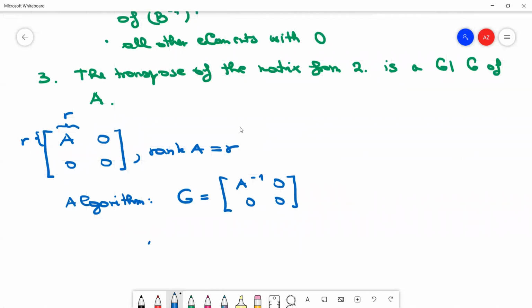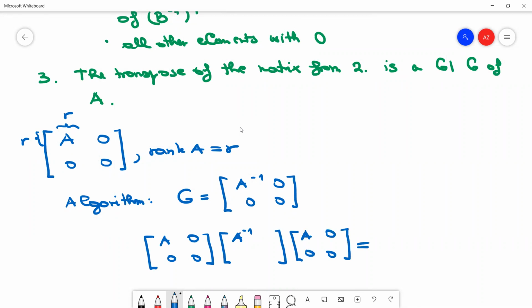But let's look at the computation AGA. We have A, 0, 0, 0. This is our big matrix. And then here we have this generalized inverse, A inverse in the left upper corner. So we have here A, 0, 0.